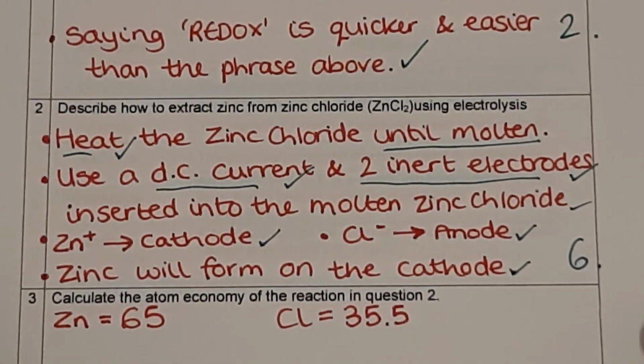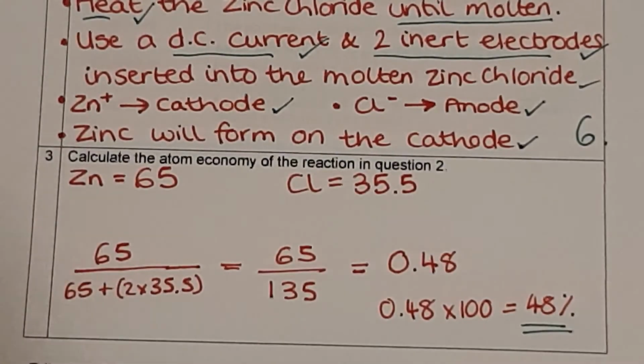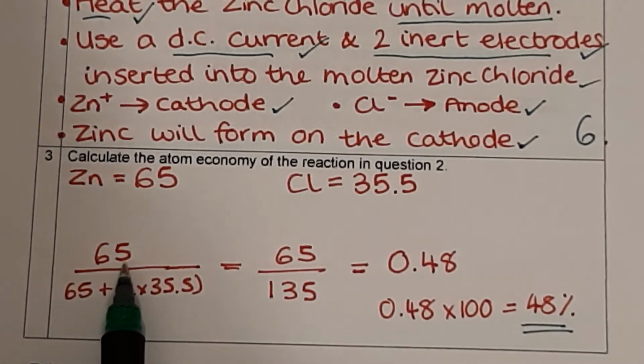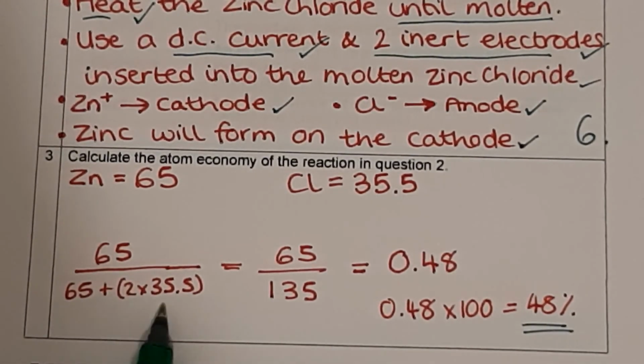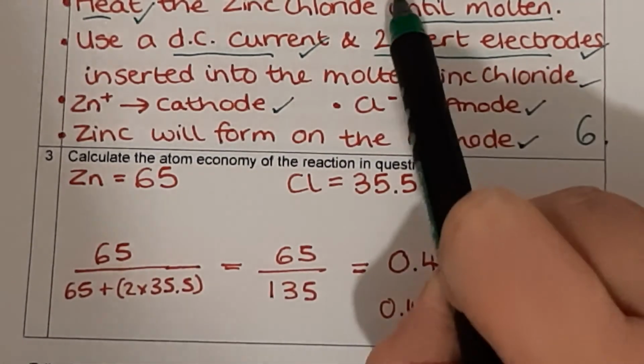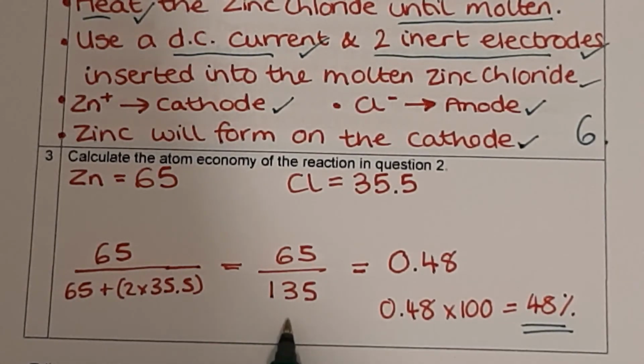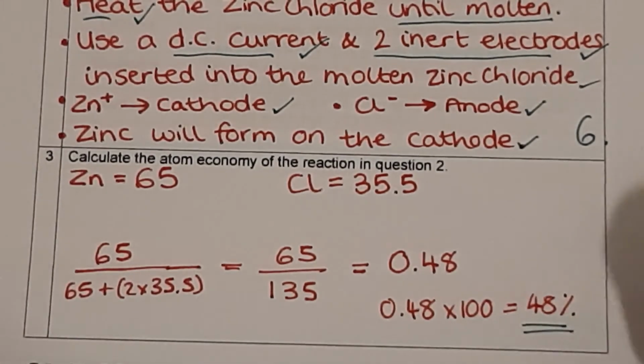So the answer to that one then is to do 65 divided by the total, so that's the atomic mass of the useful product, which is the zinc, divided by the total atomic mass, which is 65 for the zinc, plus 2 lots of 35.5 for the chlorine, because it's zinc chloride, ZnCl2. And that equals 65 divided by 135, and that's 0.48. Now I forgot to put the times 100 in, so as you can see I've done it afterwards.